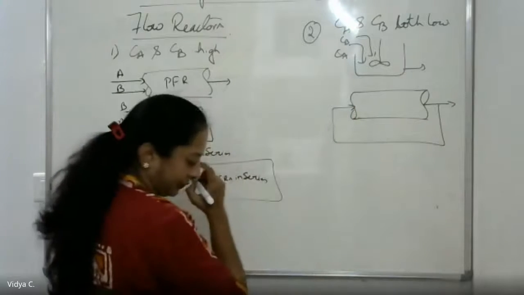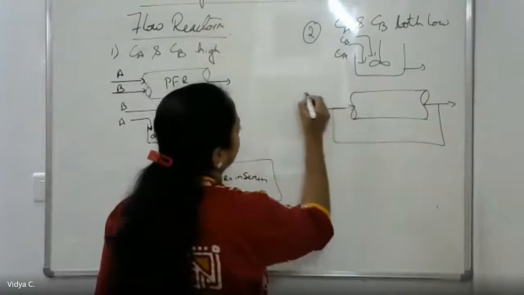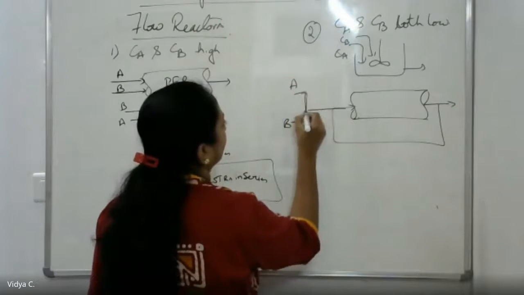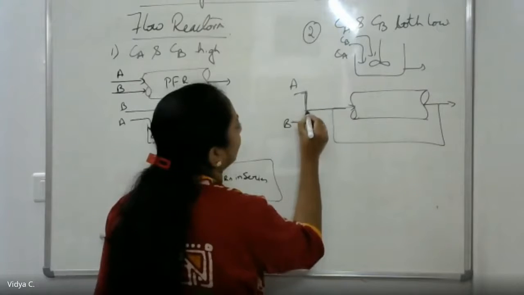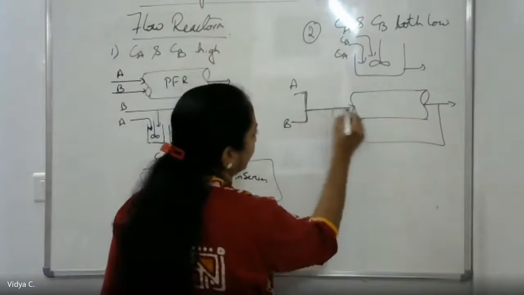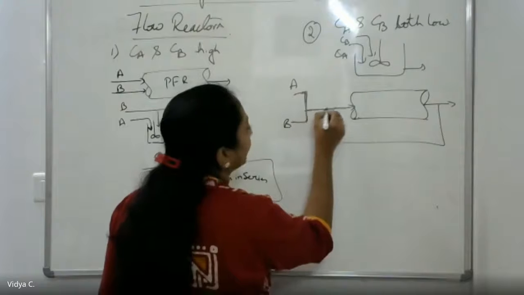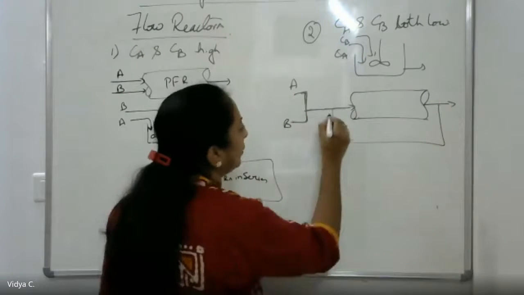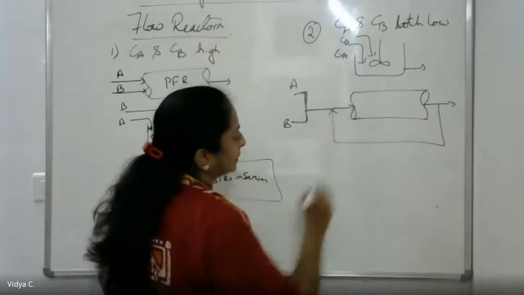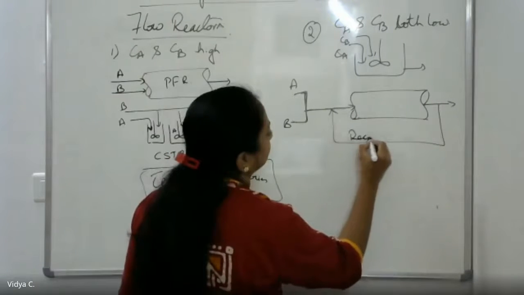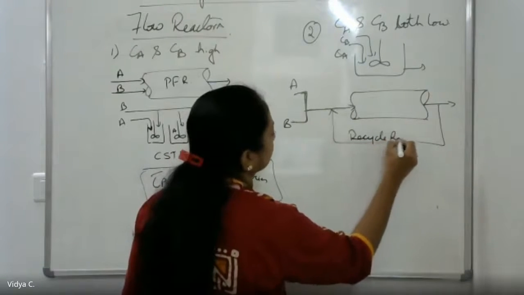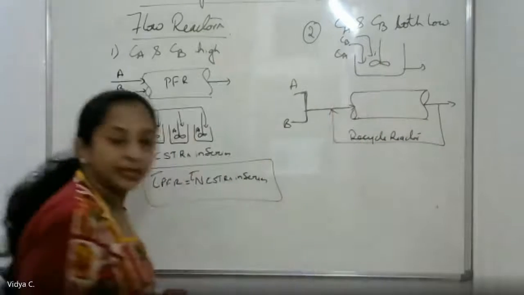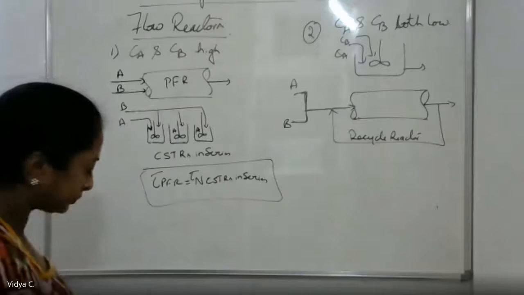This is A. This is B. See, when CA and CB mix together, there is neither high concentration of A nor low concentration of A. Both will get lowered. So this is a recycle reactor. This is one way of getting both CA and CB low.